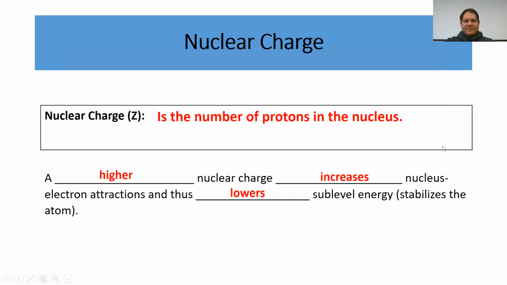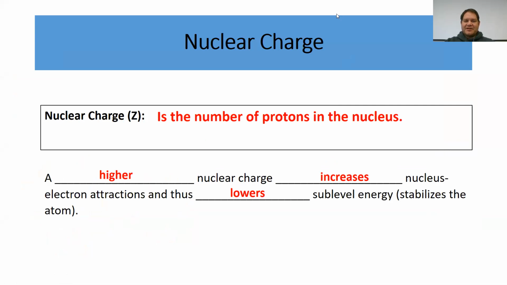All right, let's start off with a definition of what the nuclear charge is. Simply, it is the number of protons in the nucleus of an atom. Now, you're going to say, well, wait a minute. Doesn't that sound very similar to the atomic number? And the answer is, yep.